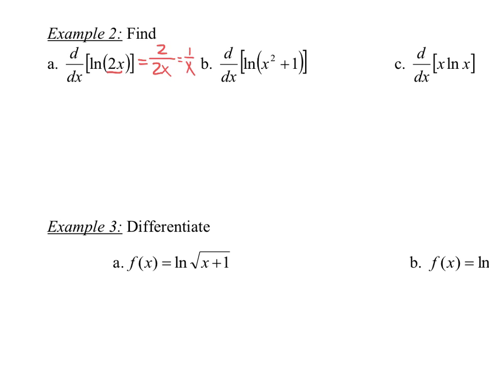Part B. Here's our inner function. The derivative of that inner function is 2x. So the derivative of ln of x squared plus 1 is 2x over x squared plus 1.